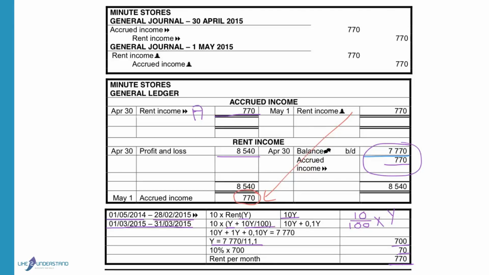What did we actually do in this rent income account? We looked at the amount that we already received. We determined what is the total amount that should go to the profit and loss. So we actually calculated a balance, and there I bring my balance down.